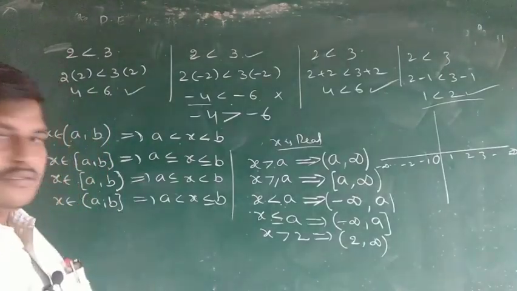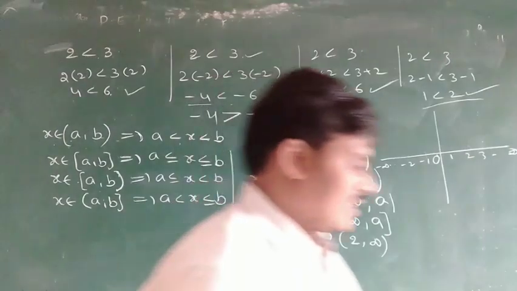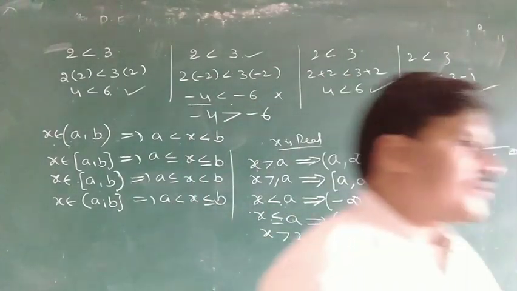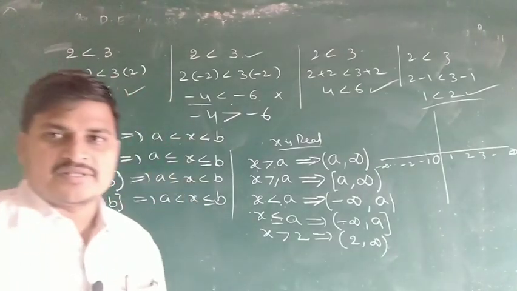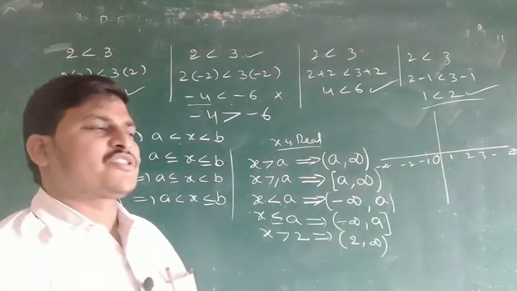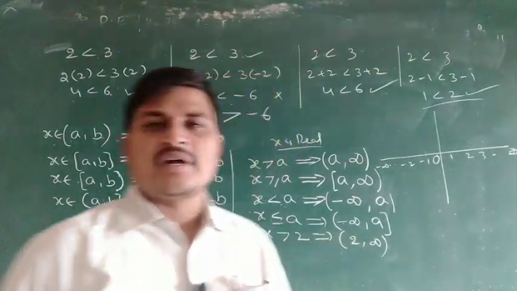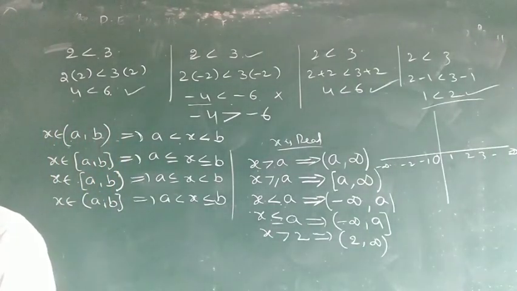Okay, so next, another one. Understand? Are you clear? In the examination there is a 2 marks question and a 5 marks question. The 2 marks question depends totally on inequalities. The 5 marks question is the graph. In linear inequalities, the graphs must be drawn on graph paper in your examination.